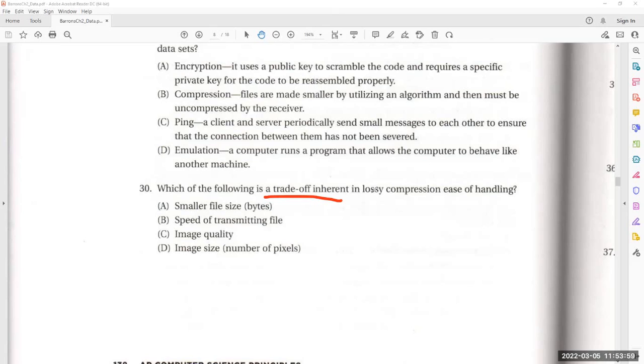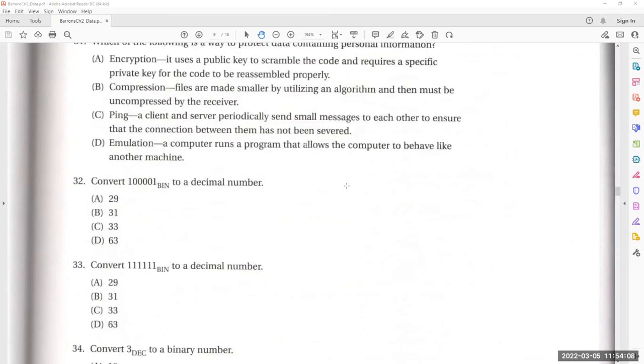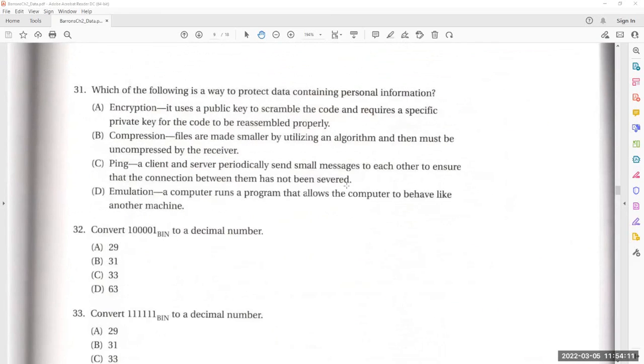Is it C? Yes, we talked about DCT, okay. We throw away some bits. Yes, it's C.